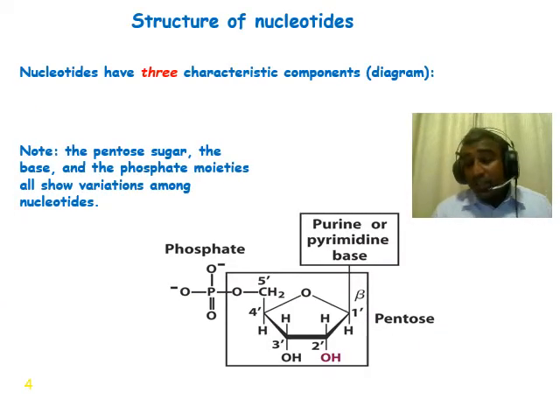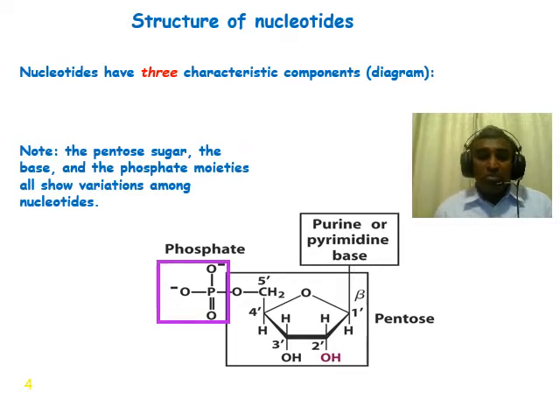So now we revisit the structure of the nucleotide. Earlier I already spoke to you about the structure of the nucleotide, but again here you can see that the phosphate is the same for every nucleotide, doesn't matter if found in RNA or DNA. Then you have the sugar, which is a pentose sugar. You also have hexose sugar, but the one for DNA and RNA has to be a pentose sugar. And in terms of pentose, it could be either ribose or deoxyribose.